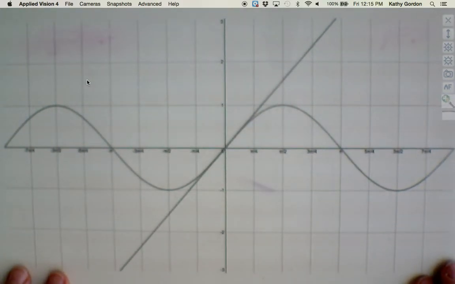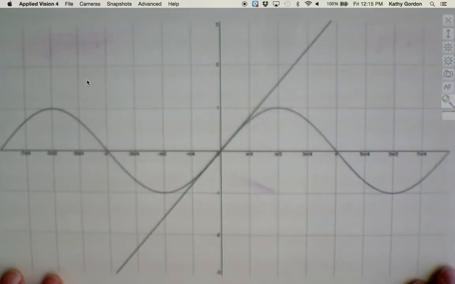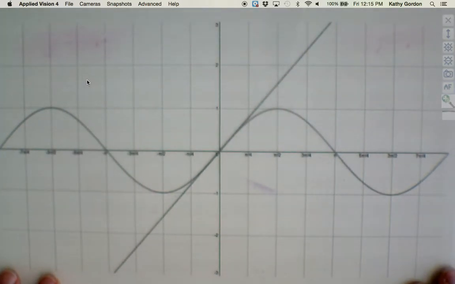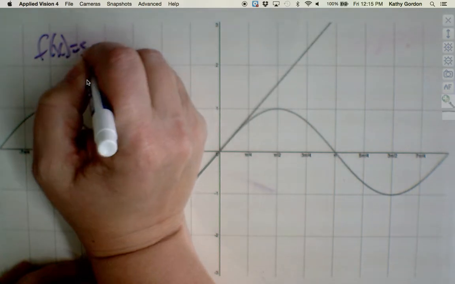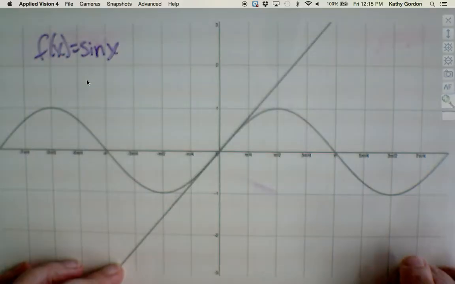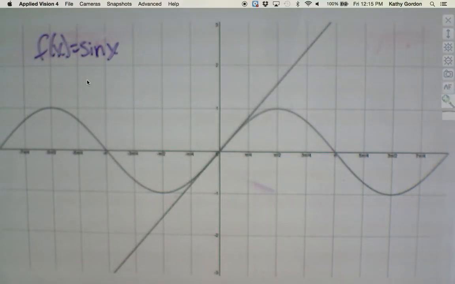But if I show you this, what two functions am I showing you? Sine. So I'm showing you f of x equals sine and y is equal to x.